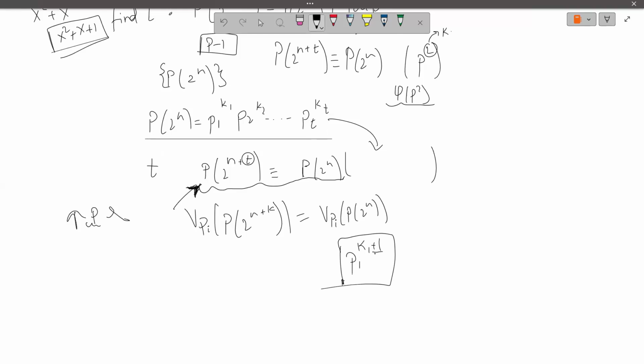I am doing this extra p1 so that when I take this quantity's phi, the congruence P of 2 raised to the power n plus k congruent to P of 2 raised to the power n holds mod p to the k1 plus 1, and as it holds there, it would also hold mod p to the k1. So if it divides k1, it would also divide this thing, but as k1 doesn't divide this thing, it won't divide this thing either, and hence the VP would be conserved.